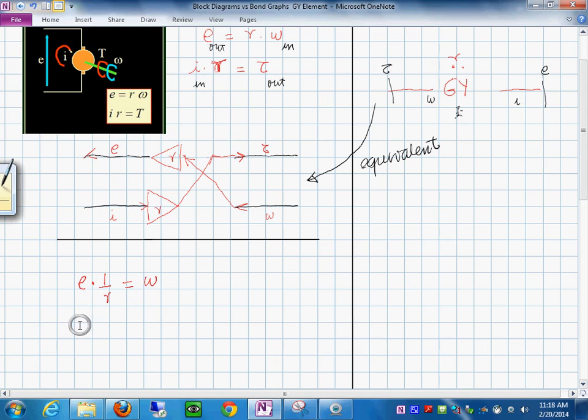Or you could say that I is equal to 1 over R times tau. So why don't we just rewrite the equations in a different format.